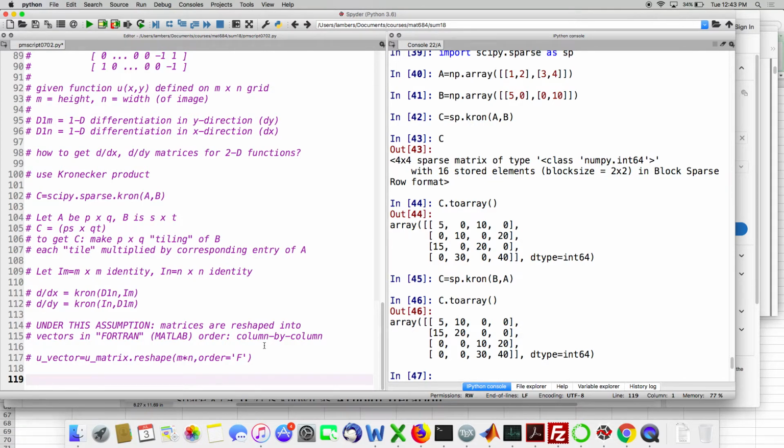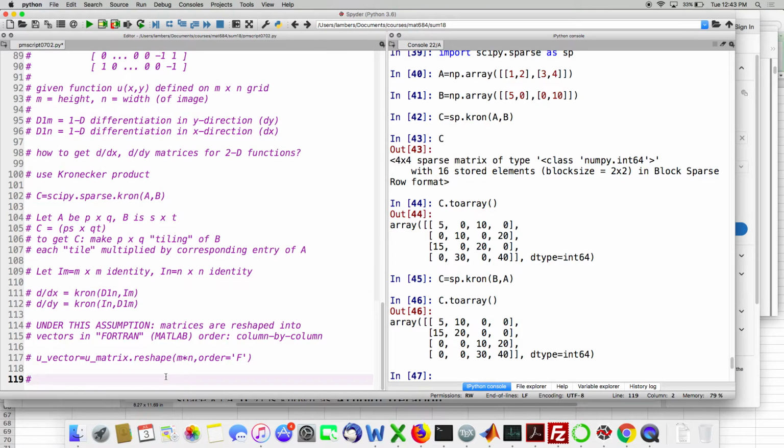C is in the C programming language, where two-dimensional arrays are stored in row major order rather than column major. So be sure you reshape consistently. Either use a C order or a Fortran order. I don't really care. But if you use the C order, then this has to actually be reversed.